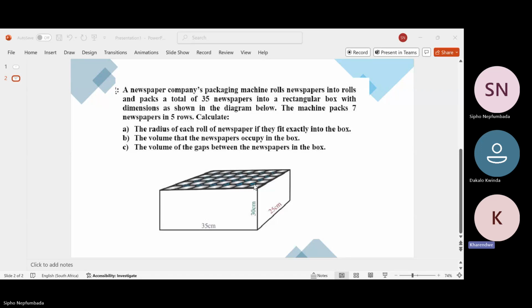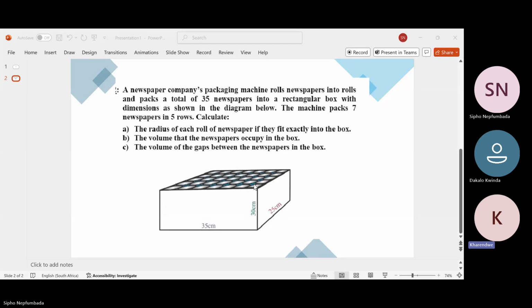The newspaper companies' packaging machine rolls newspapers into rolls and packs a total of 35 newspapers into a rectangular box with dimensions as shown in the diagram below.